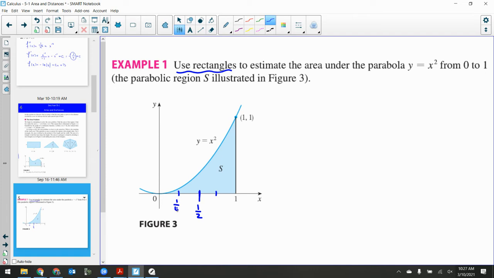This is 1/4. And this is breaking up into fourths. So 1/4, 2/4, 3/4, and this would be 4/4, which is 1. Okay. What I'm going to do is create rectangles in there. I'm going to create a rectangle here, a rectangle here, and a rectangle here.